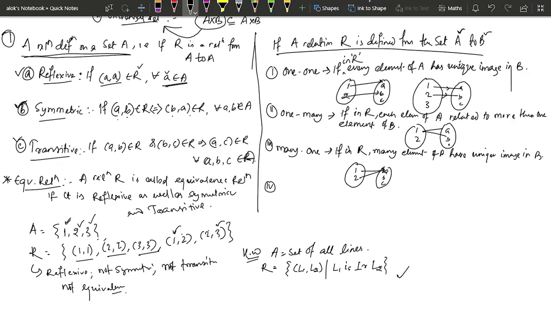This type of relation is called a many-one relation.